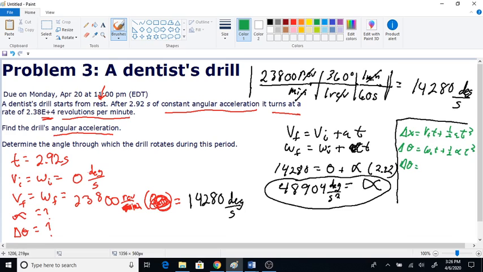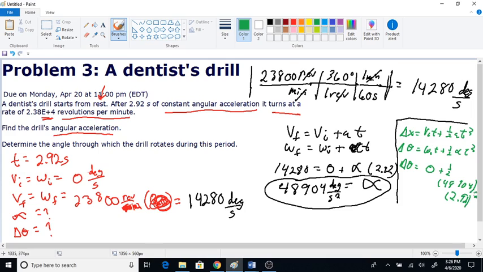Those are the same equation. Initial velocity is 0, so you can put a big fat goose egg right there, plus 1/2 alpha, 4,890.4, times t squared, which is 2.92 squared.